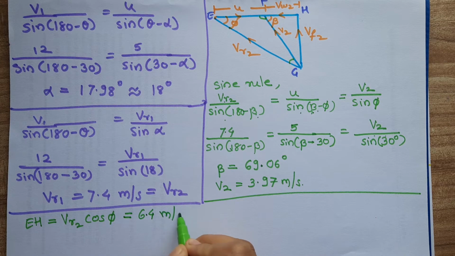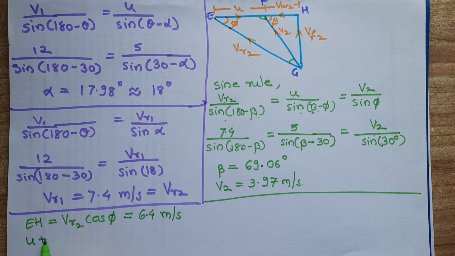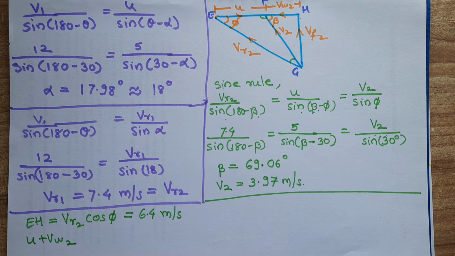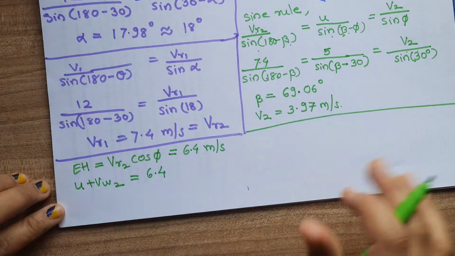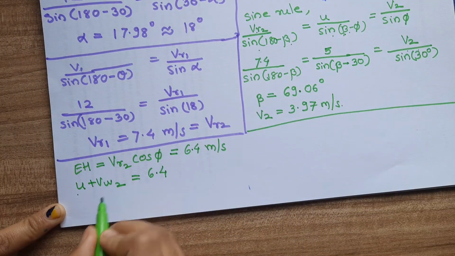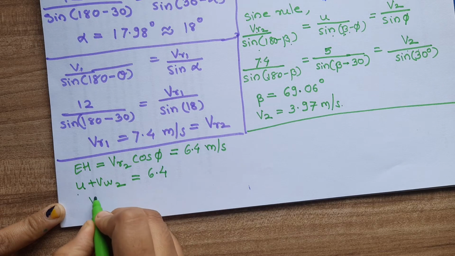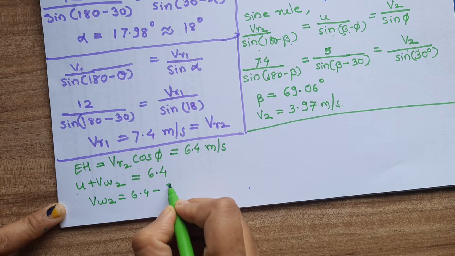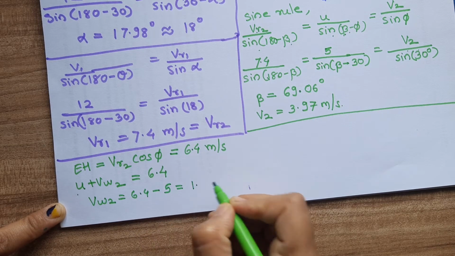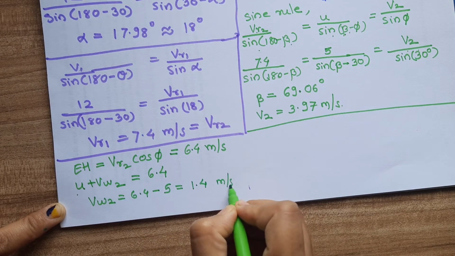Now this EH is actually equal to U plus VW2, that is equal to 6.4. Now we know the value of U, so we can find the value of VW2. So VW2 is equal to 6.4 minus 5, and that is equal to 1.4 meters per second.